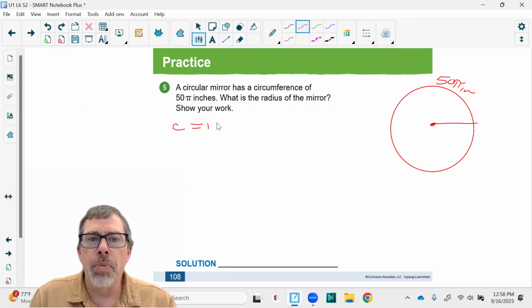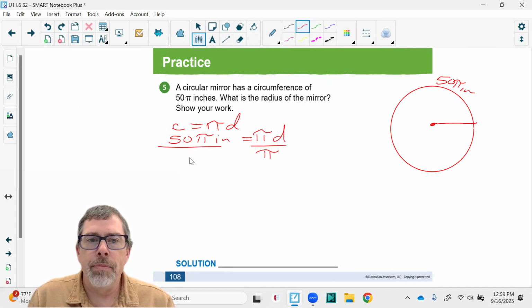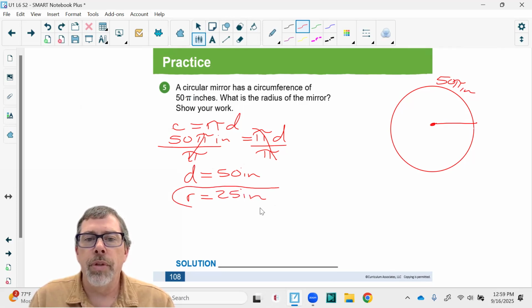So C equals pi d. 50 pi, which is my circumference, equals pi d. Divide both sides by pi. The pi's cancel, and I get the diameter equals 50 inches. And there's 2 radii per diameter, so the radius is 25 inches. Okay, so that's our solution.